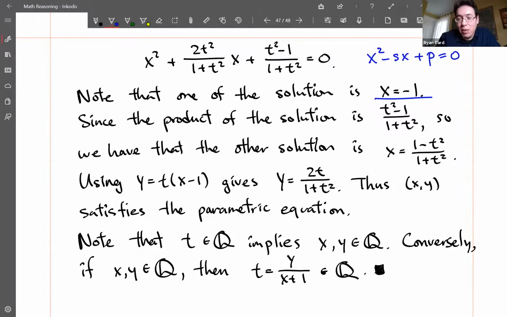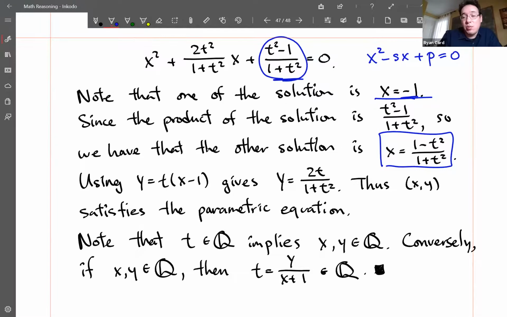So we actually know the product, and the product looks like this. We also know that one of the solutions is -1. So to get the other solution, we just have to flip the sign. So x equals 1 minus t squared over 1 plus t squared is the other solution to this equation. If you didn't follow that, you could use the quadratic formula as well. You'll get the same thing.